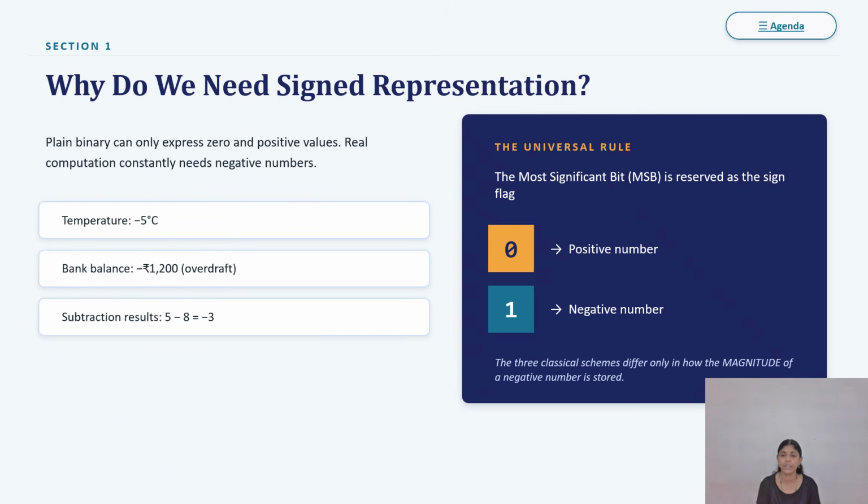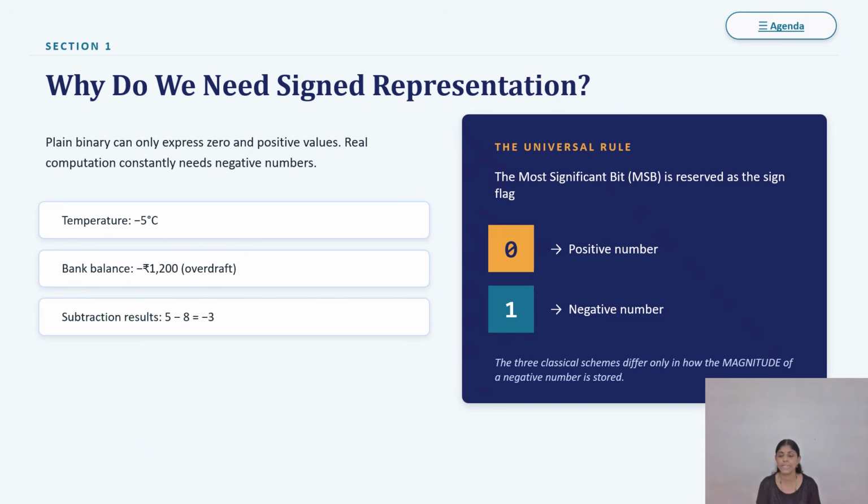How many signs are there generally in the universe? One is a positive sign and another one is a negative sign. If the most significant bit has the value 0, we call it a positive number. The same, if it has a 1, we call it a negative number. This is applicable only for signed number representation, not for unsigned numbers or plain binary.